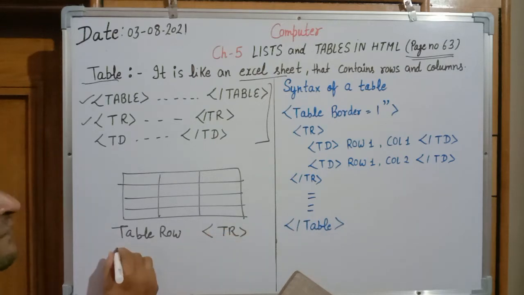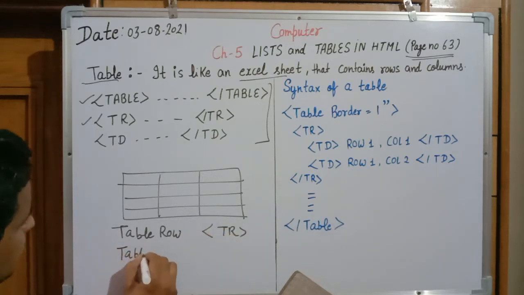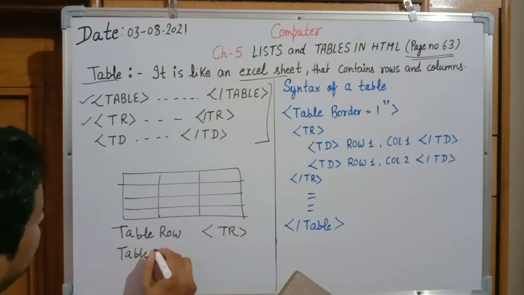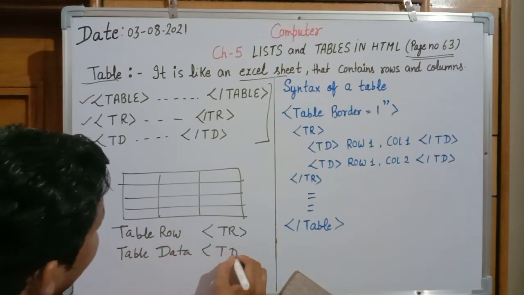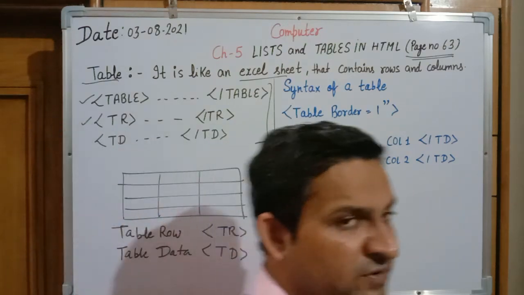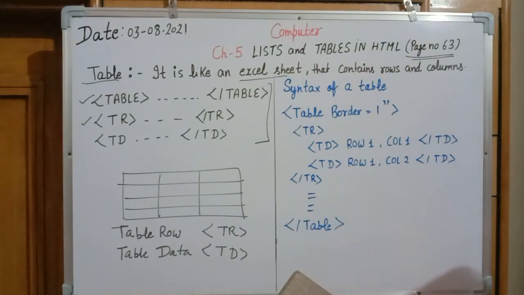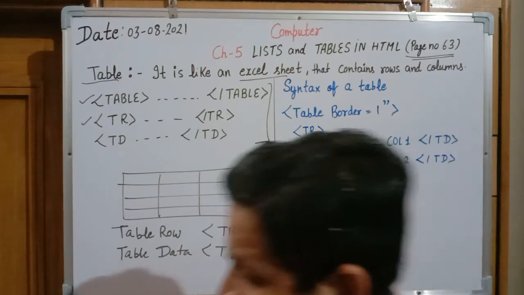And td, table data, is used when we are creating a new column. So we will use three major tags: the first tag is table, the second tag is tr, and the third tag is td.